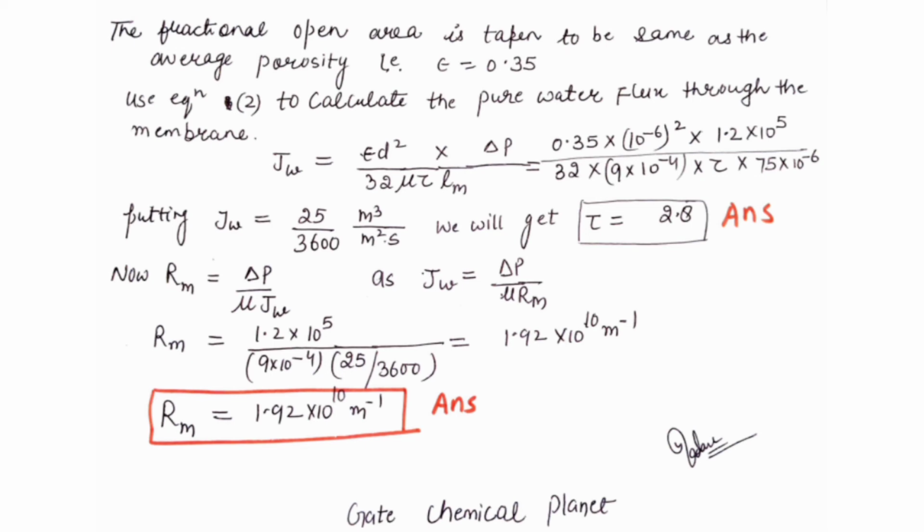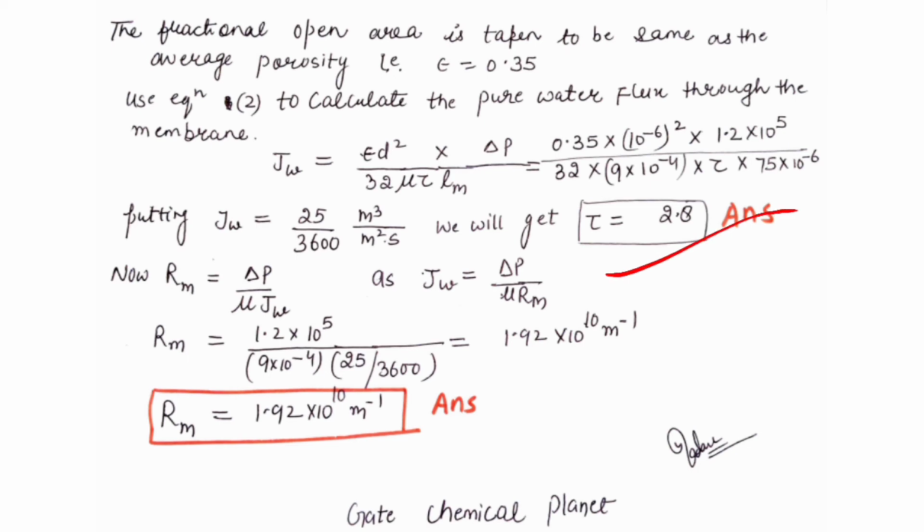Here all the values are given: JW, viscosity, thickness, the pore diameter and the pressure drop. So by putting all the values, we will get the value of tortuosity, which is equal to 2.8.